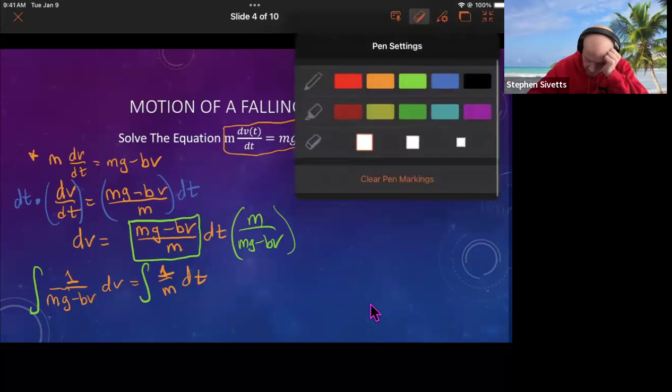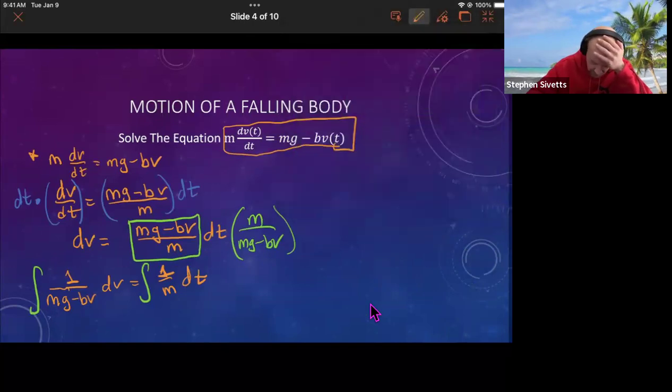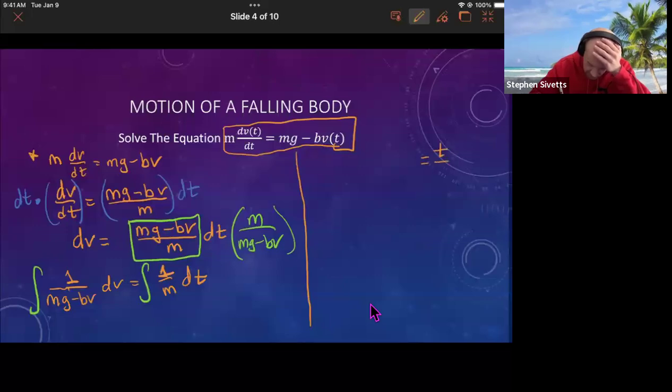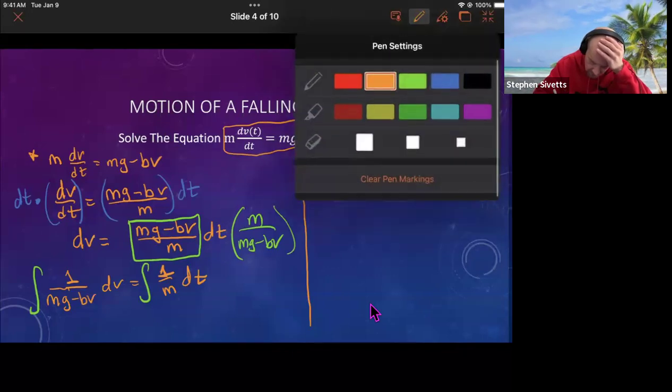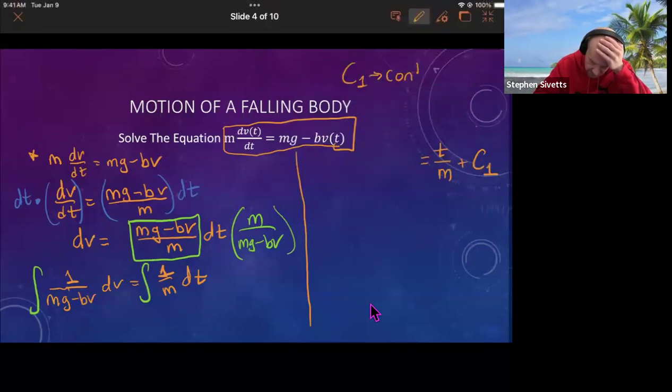Okay. So if we integrate both sides, what we have on the right-hand side is t over m plus c1. I'll label this as c1. So c1 is just an arbitrary constant here, right?